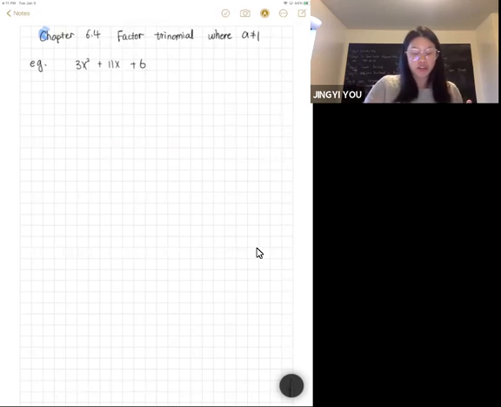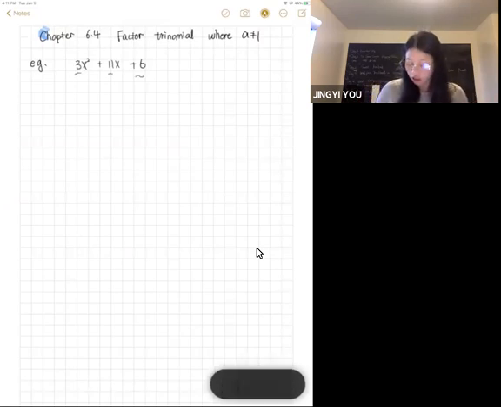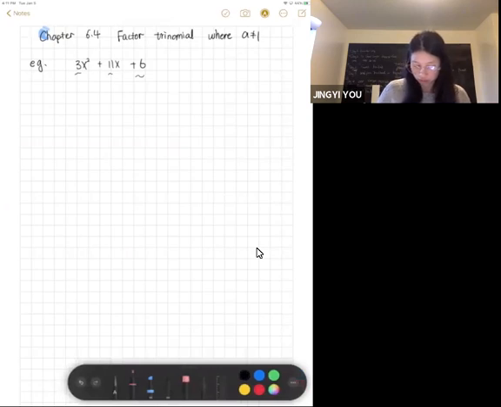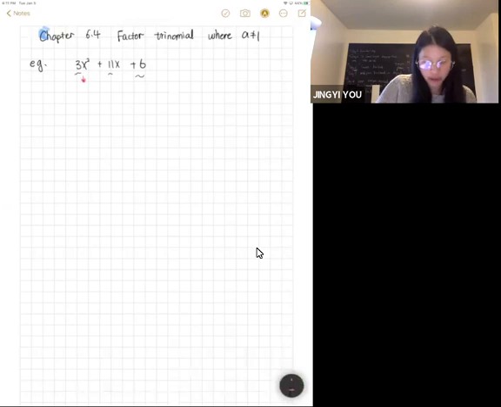But now if you take a look, 3, 11, and 6 are prime to each other. So that means we can use this method. What you can do is, in this case, you split 3x squared as 1x and 3x.